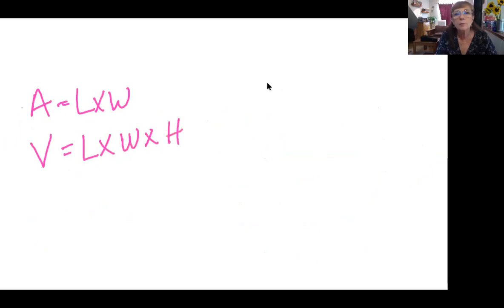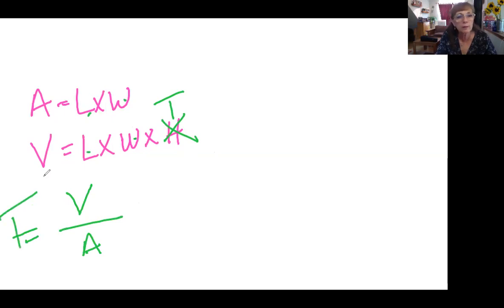As we discussed previously, silly to talk about the height of a piece of paper or a piece of foil, so we're going to transfer H into a T, but you'll notice that these are the same in the two formulas. So if I take volume divided by area, I will get my thickness.